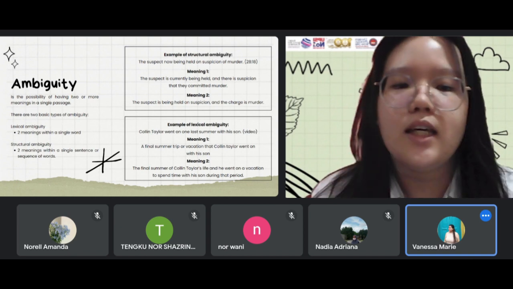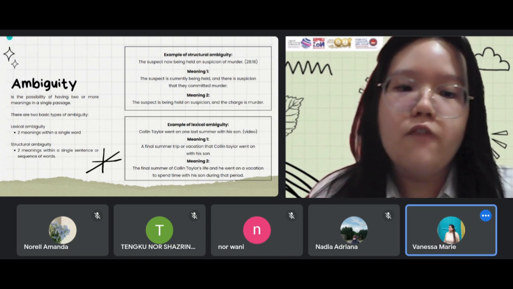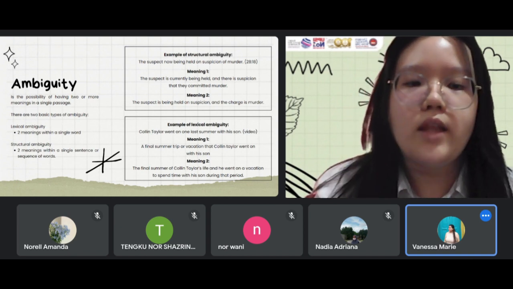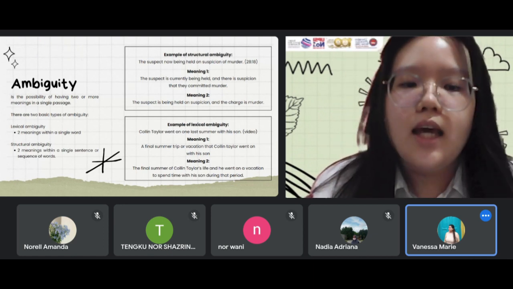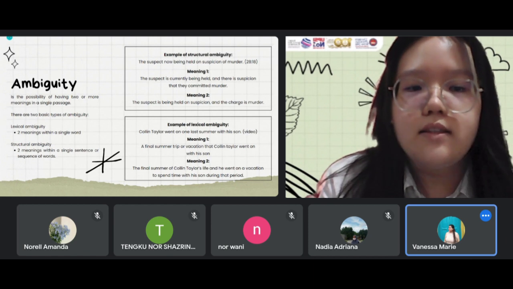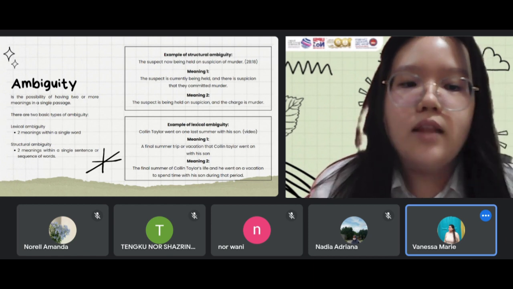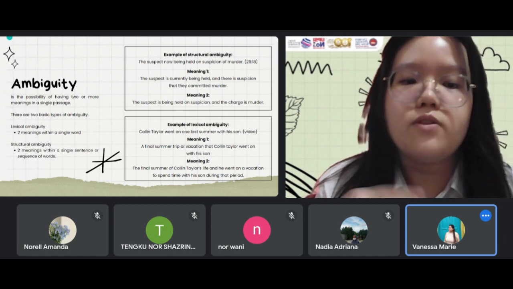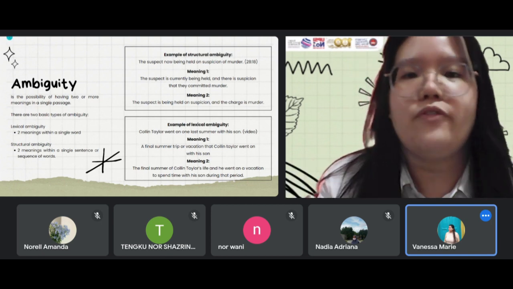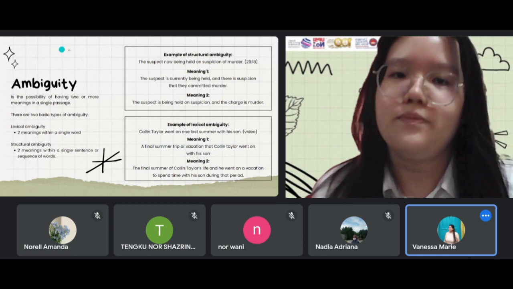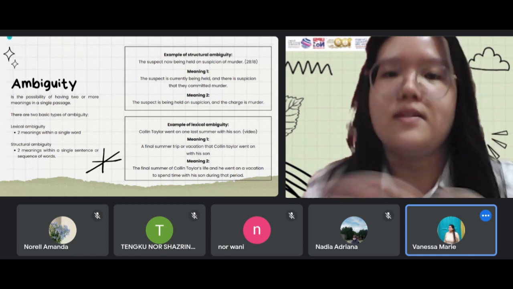The first meaning is a final summer trip or vacation that Colin Taylor went on with his son this year. While the second meaning is the final summer of Colin Taylor's life, and he went on a vacation to spend time with his son during that period. Which means it's his last year of life, so he no longer accompanies his son.